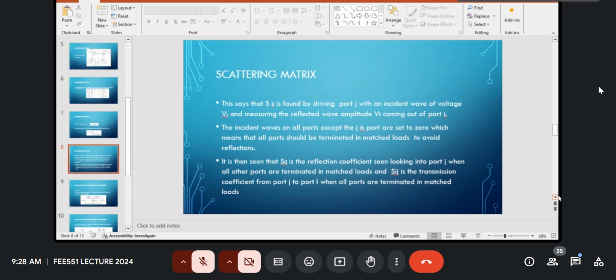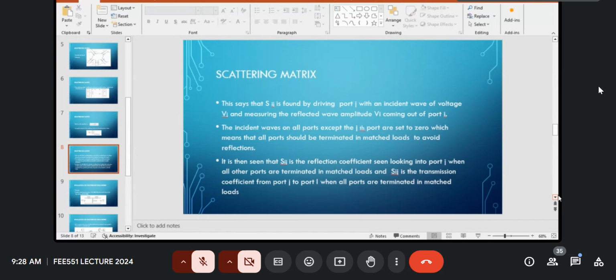So let's describe that. This says that Sij is found by driving port j with an incident wave of voltage Vj, and measuring the reflected wave amplitude Vi coming out of port i. The incident waves on all ports except the jth port are set to 0, which means that all ports should be terminated in matched loads to avoid reflection at the other ports.